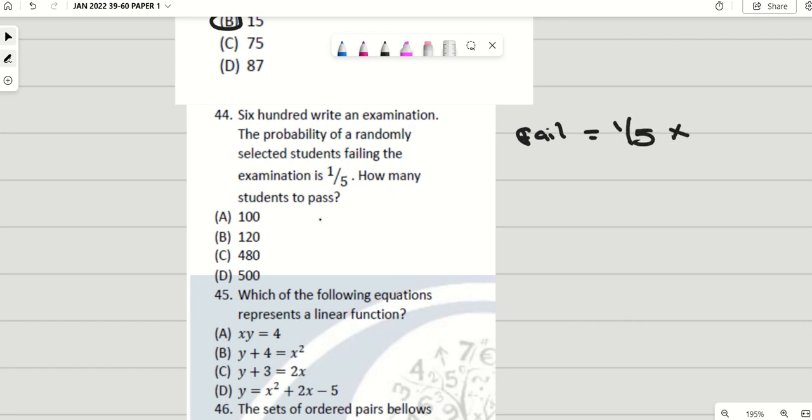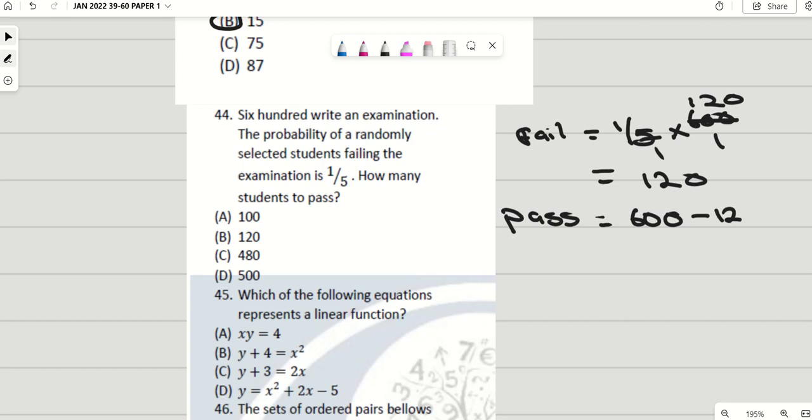So 1/5 multiplied by 600 is equal to 120, right? So we have 120 students failing. So they ask how many pass, which would be the total number of students that took the exam minus how many failed, which would be 480, right? So the answer would be C, and that is how you get this answer, right?